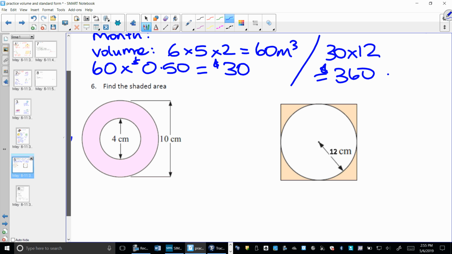Describe to me the shaded area. Describe to me how we would find that shaded area, just using words, no numbers. You don't need to tell me numbers. Just explain to me how to find the shaded bit. Explain to me like I'm a little Martian. Tell me how I would find this shaded bit.